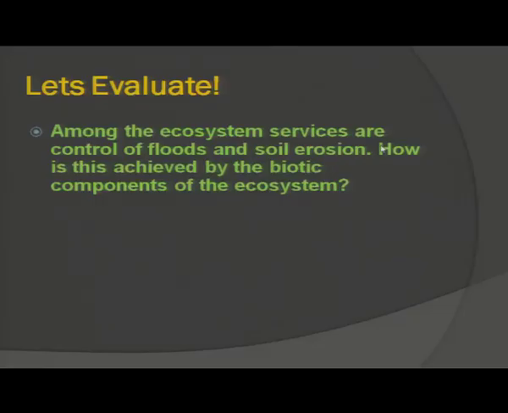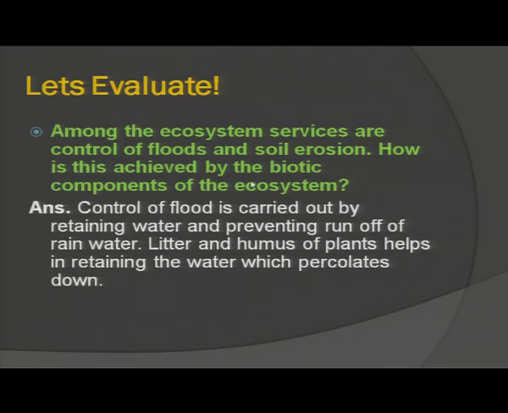Among the ecosystem services are control of floods and soil erosion. How is this achieved by the biotic component of the ecosystem? The question is focusing on control of flood and soil erosion.